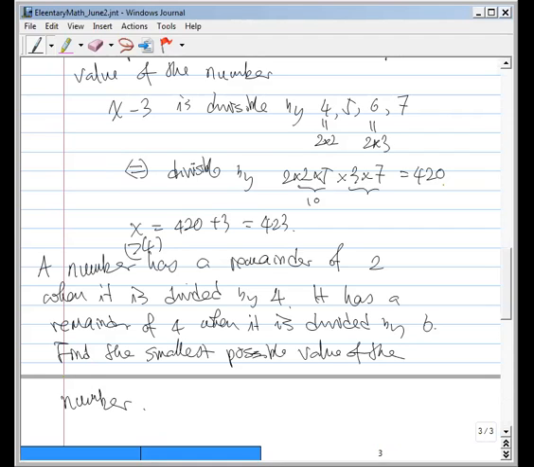This number, when it's divided by 4, is going to have 2 as the remainder. Now when divided by 6, the remainder is 4.